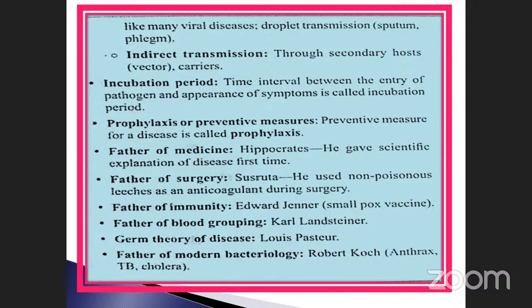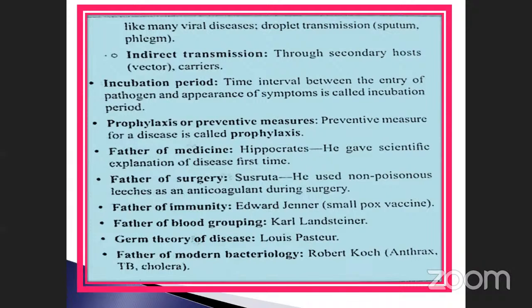The anticoagulant substance present in the human body is called heparin. It is mostly used for open heart surgery. When a person is undergoing open heart surgery, the anticoagulant substance they add is heparin.